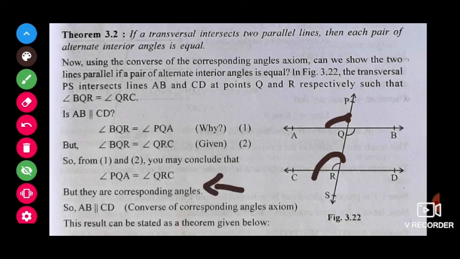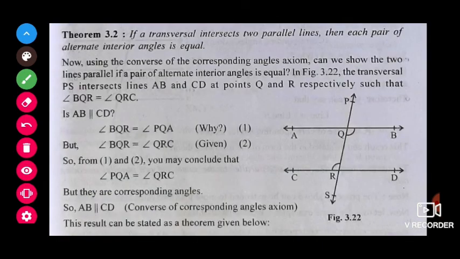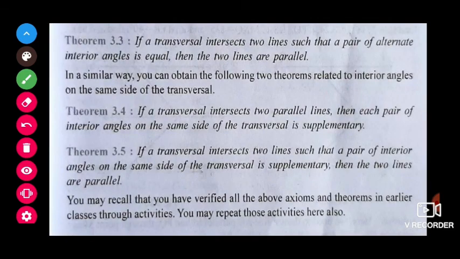Next, if the corresponding angles are equal, then AB and CD are parallel by using the converse of the corresponding angles axiom. Okay. Now children, theorem 3.3. If a transversal intersects two lines such that a pair of alternate interior angles is equal, then the two lines are parallel.